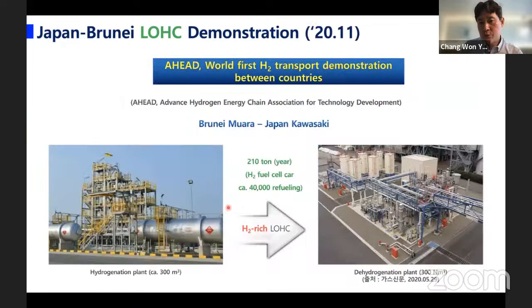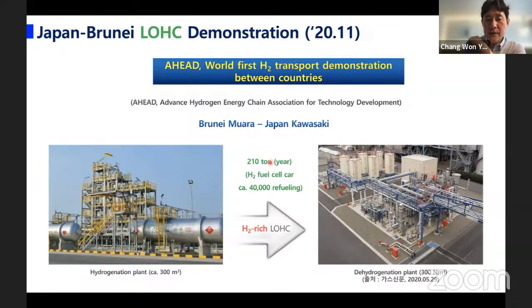Then the MCH was transported, and in Kawasaki City in Japan, using this dehydrogenation plant with a capacity of 300 cubic meters of hydrogen per hour, they released hydrogen from MCH, and then the hydrogen was used. From Brunei, Muara to Japan, Kawasaki City, ideally, theoretically, they deliver 200 tons of hydrogen annually.